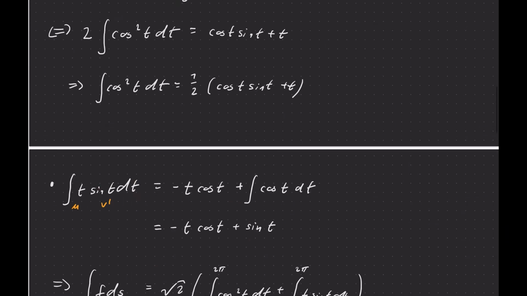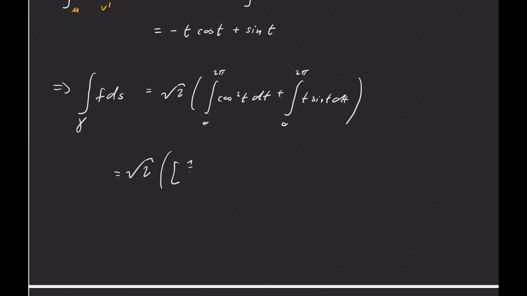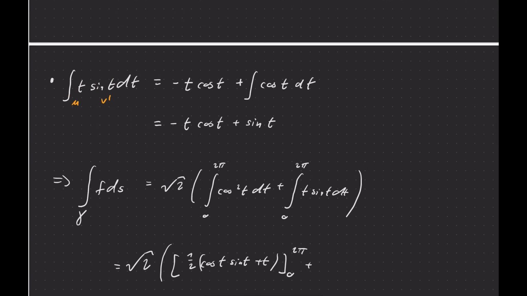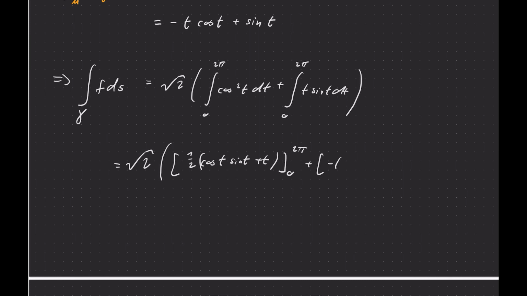The integral of cosine squared t is this expression here, 1 over 2 times cosine t sine t plus t, and we need to evaluate that at 0 and 2 pi. And then we add the integral of t sine t, which is this expression, minus t cosine t plus sine t, and again from 0 to 2 pi.